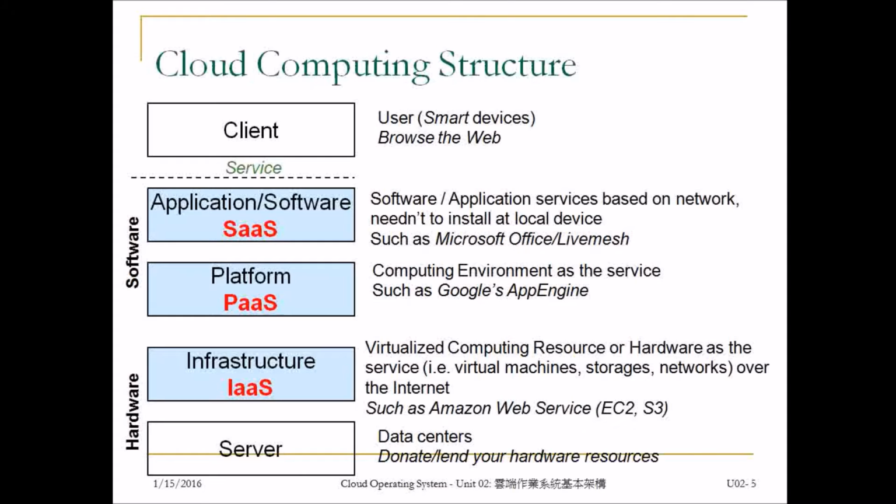So we can define the cloud computing service as a web or network internet service. All the services are based on the network, no matter the application you need, the operating system or platform you need, or the computing resource, even the virtualized computing resource you need, will be provided via the network.